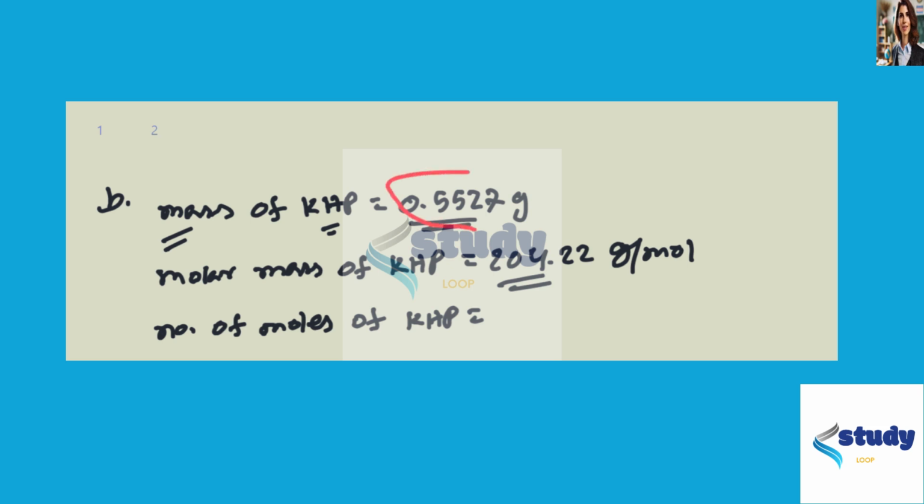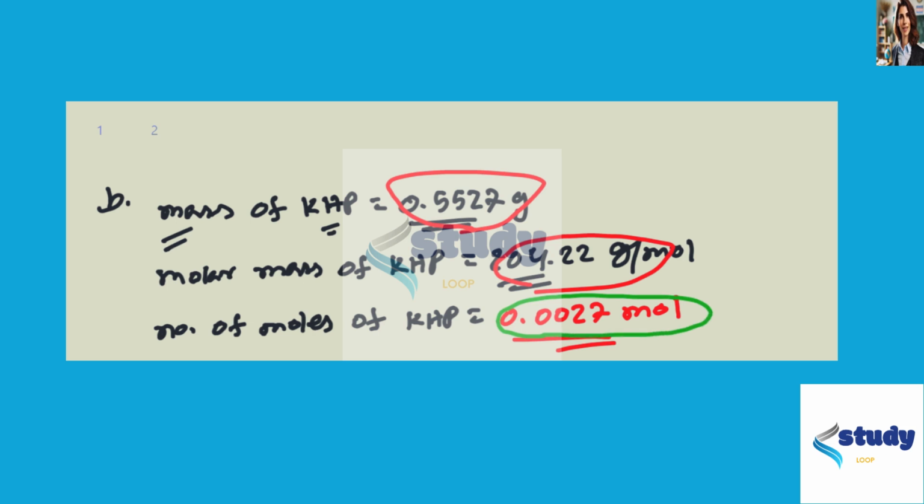So this value over this value will give us the number of moles, which is 0.0027. So this is the number of moles of KHP, and as we said that at the equivalence point, the number of moles of KHP will be equal to the number of moles of sodium hydroxide. That means this is the number of moles of sodium hydroxide at the equivalence point also.